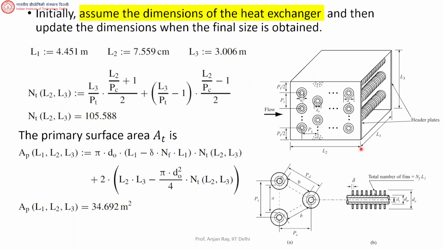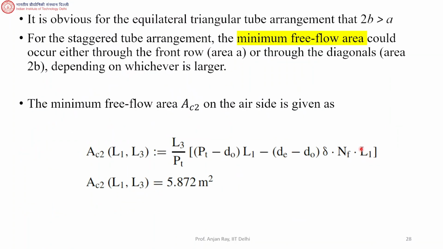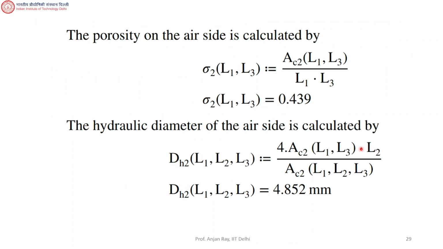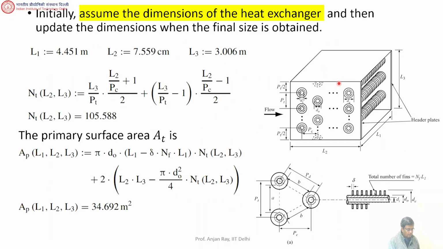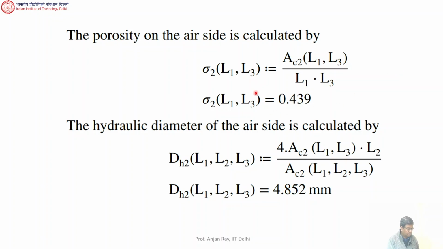Okay. So the porosity is L1, L3. Okay. What is that area? That is this face area. So the flow is seeing this face area, but it's not seeing the entire area because it's blocked by tubes and fins. So there is a certain porosity. So that porosity is this.